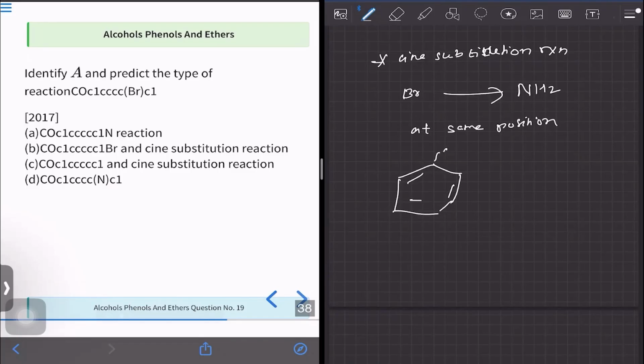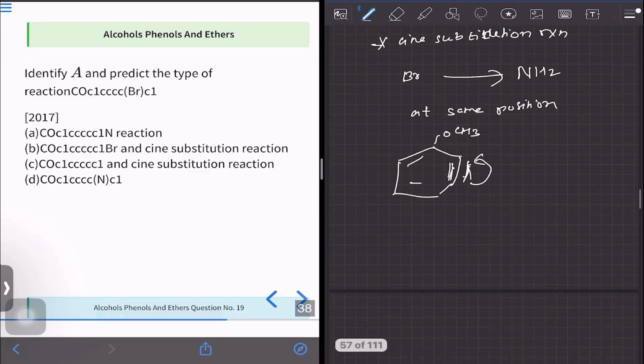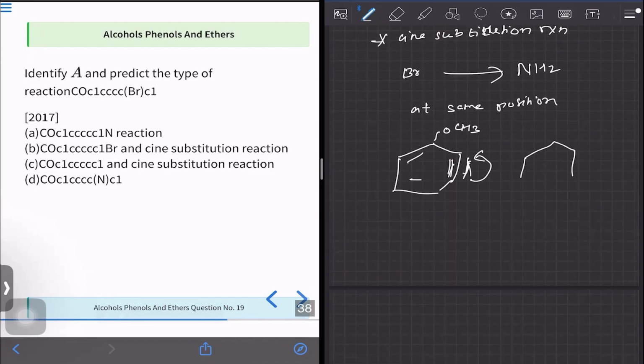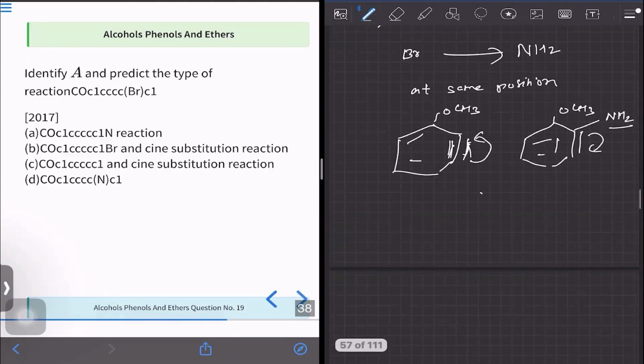OCH3 is a highly minus I group, so it has tendency to withdraw electrons from these bonds. So shifting of bond is towards OCH3. In this case, if the bond shifts like this, then NH2 will be at ortho position, which is more unstable because of steric hindrance.